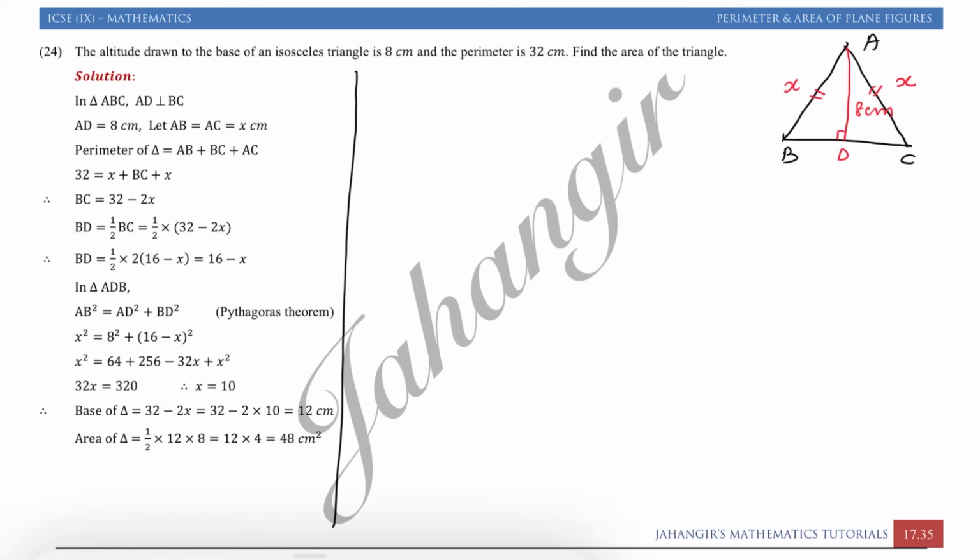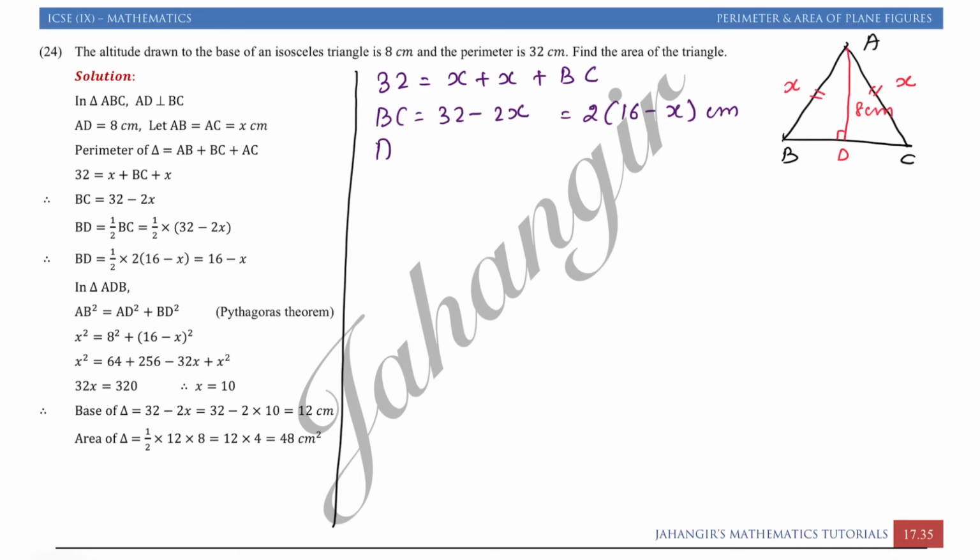So as per the formula for perimeter, we will say 32 is equal to AB x plus AC x plus BC. So BC is equal to 32 minus 2x. Now that can be written as 2 common 16 minus x. If you want, you can write it this way.